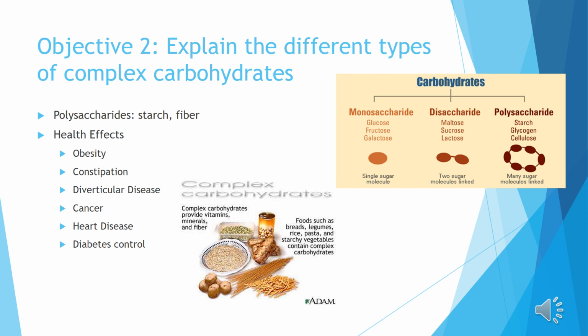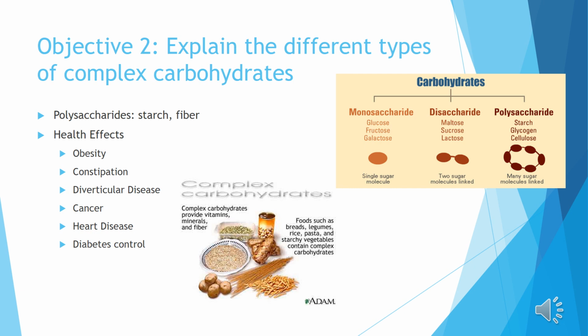When we talked about the simple carbohydrates, we talked about the sugars and the easily broken down carbohydrates. And in the chapter, we talk about a lot of health problems related to eating too many of our simple carbohydrates. On the other hand, complex carbohydrates provide vitamins, minerals, and fiber.